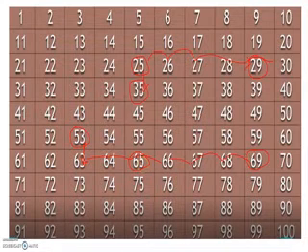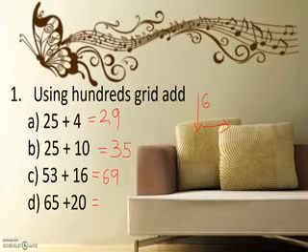To move tens, you have to move downwards. 2 tens means you have to move 2 times down. So our answer is 85. 65 plus 20 is 85. This is how we can add numbers in a hundreds grid.